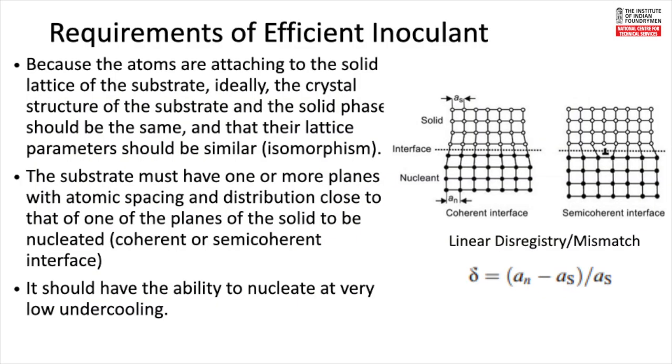This dimension is AN, this dimension is AS, and this delta is called the linear disregistry or mismatch. So what we are talking about is that the physical arrangement of the atoms in the nucleating material should be preferably as similar to the solid that it is supposed to solidify on its substrate.